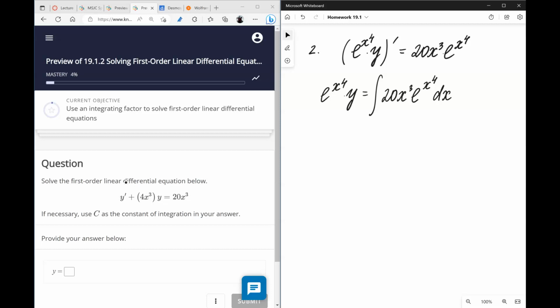And now to do this integral, we just use all the available tools, one of which is substitution.